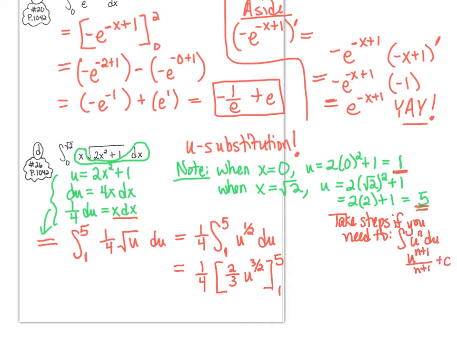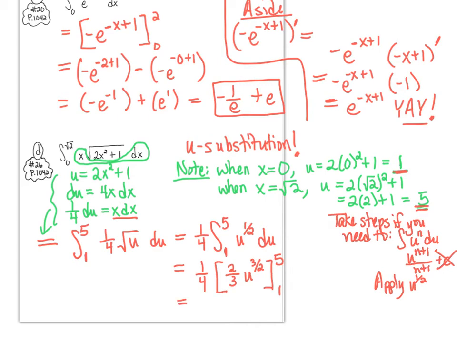But because we're dealing with definite integrals, we don't need that c here. Okay? So, applying that to u to the 1/2, you will get 2/3 u to the 3/2.